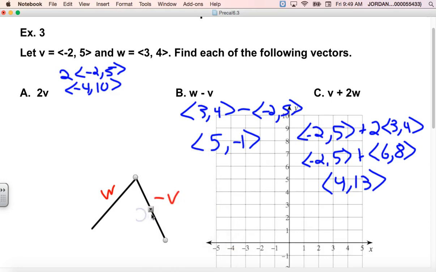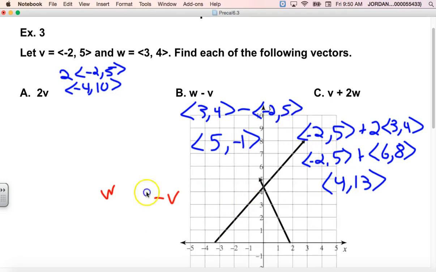Did I flip that right? Yeah. So start with the v vector. And then from there we're going to do 2w. So w is normally right there. So let's double the length of it. So I'm going to go up 4 more and over 3. So that's 2w.